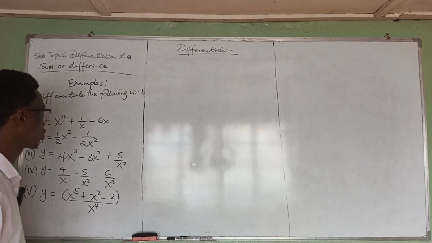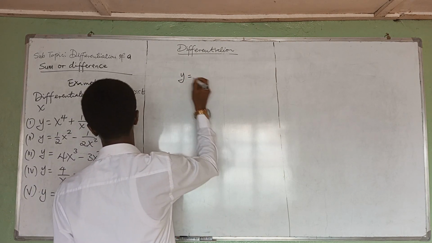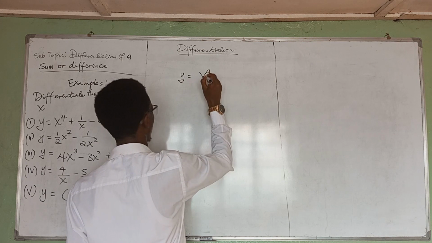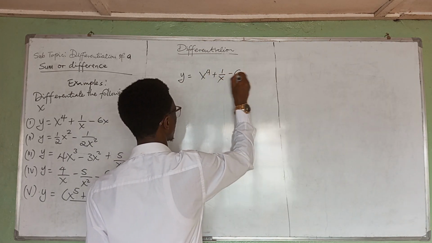Okay. So the first one here says y equals x raised to the power 4 plus 1 over x minus 6x.